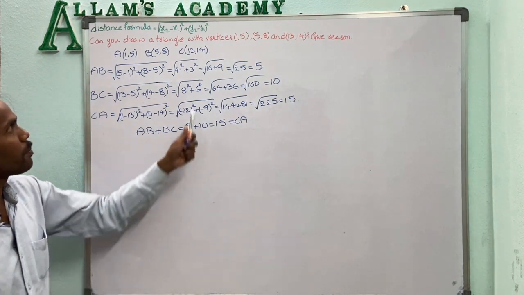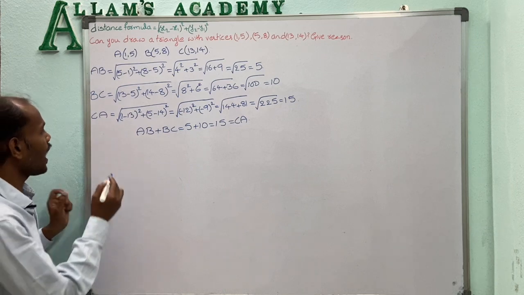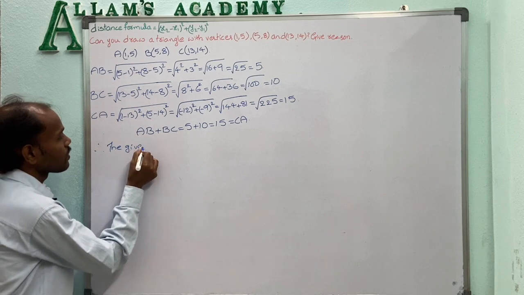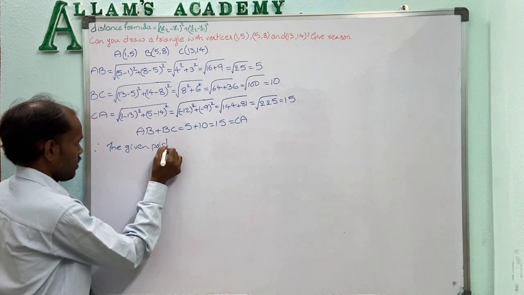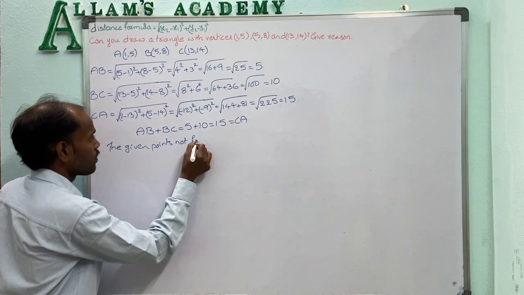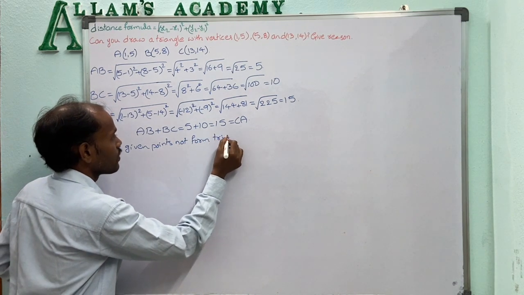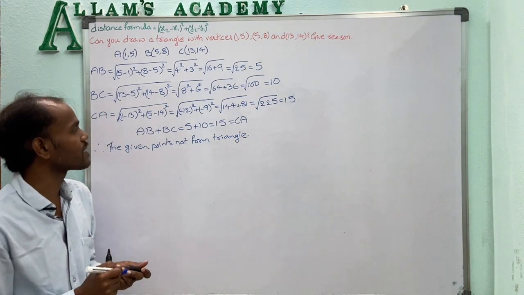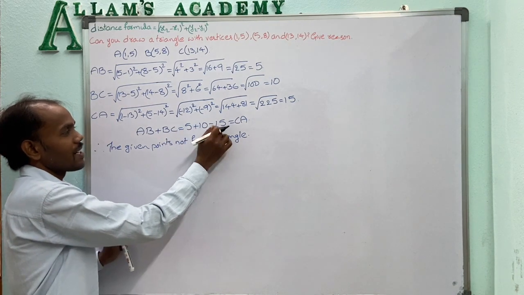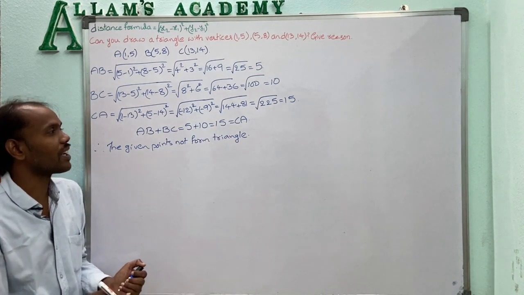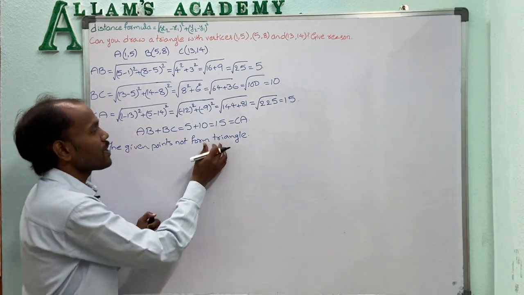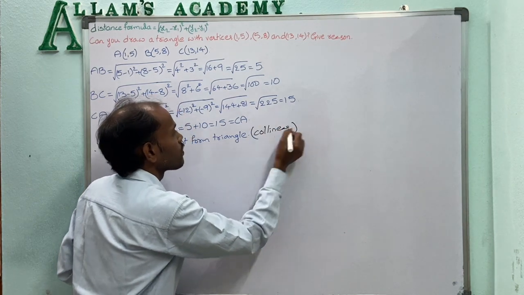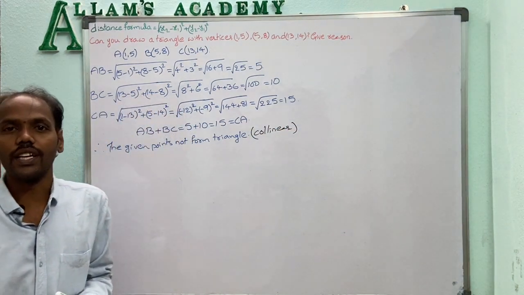So now the given points do not form a triangle. Here if we observe, the sum of two sides' lengths is equal to the third side, so they are collinear. That means these points form collinear points. The given points are collinear points.